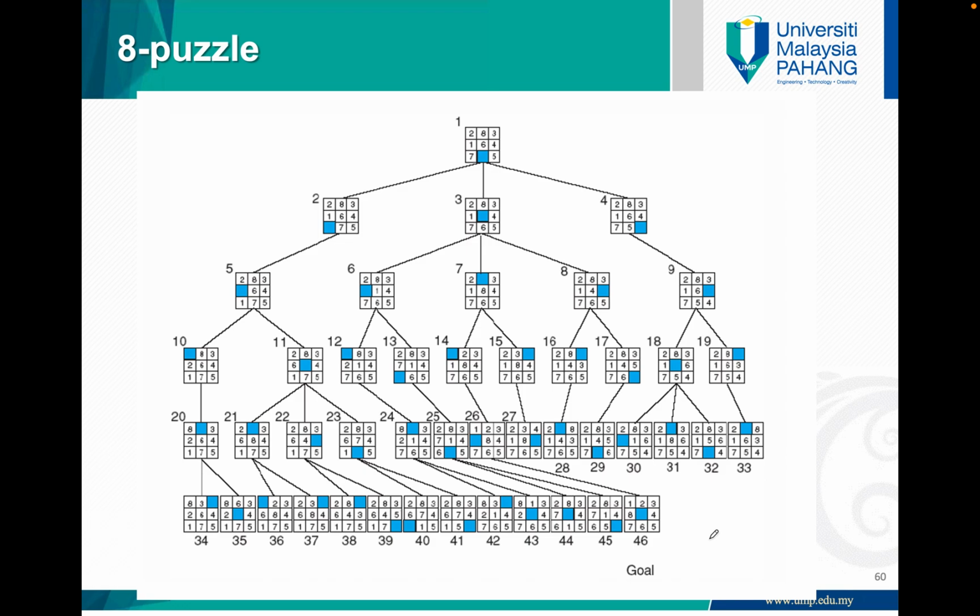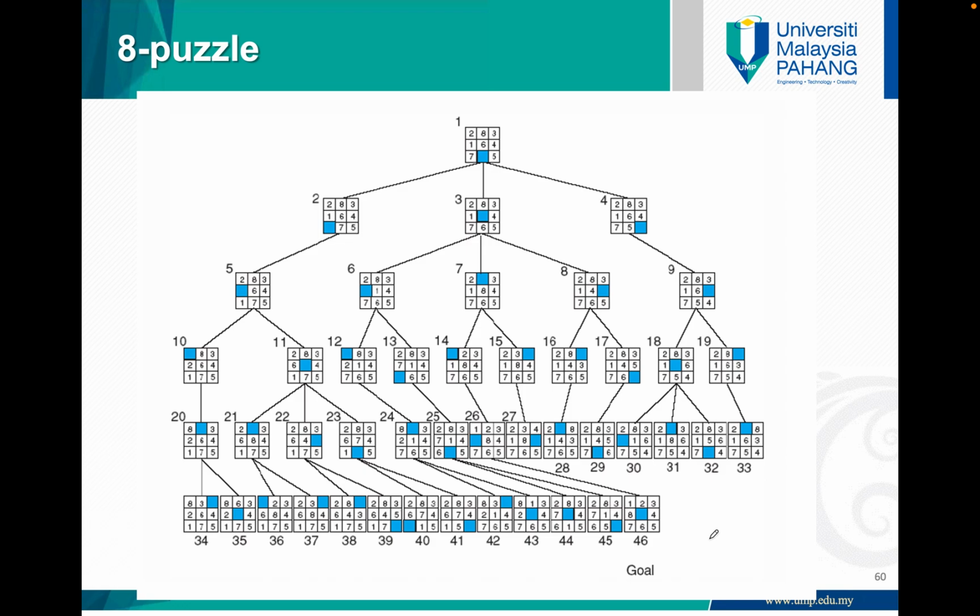You will understand more. Now we have the goal state here. First, we have the cost for each path: we have 5, 2, 1, 4, 1, 7, 4, 5.